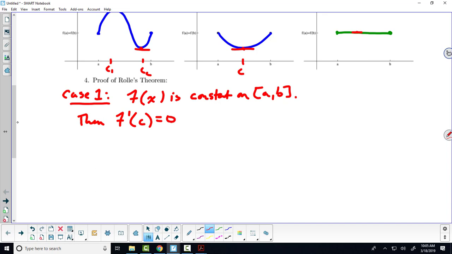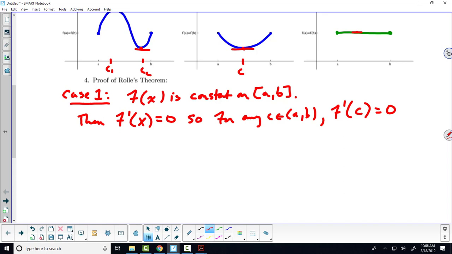Because f of x is a constant function, that means f prime of x is 0. So for any c in the interior, just because the function's derivative is identically 0, then so is the derivative at any point. That's not really an exciting example, but it's going to actually allow us to break this up into 2 additional cases.